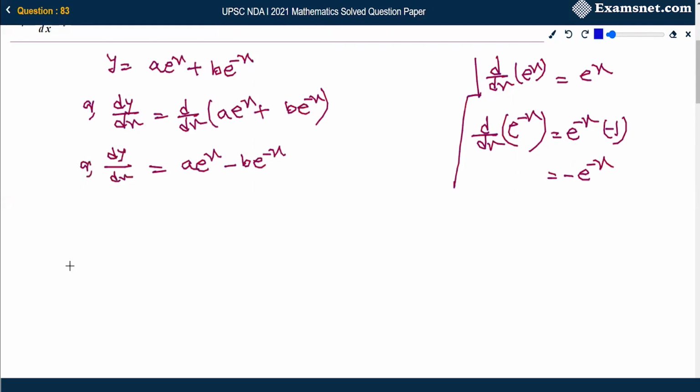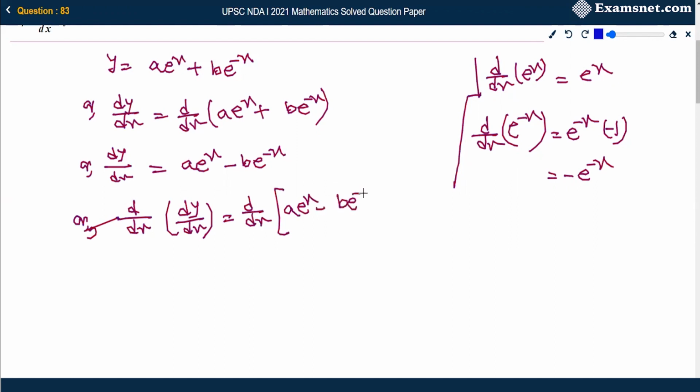Right? Now, again, we are going to differentiate it with respect to x. So d dx of dy dx equals d dx of a e to the power x minus b e to the power minus x.